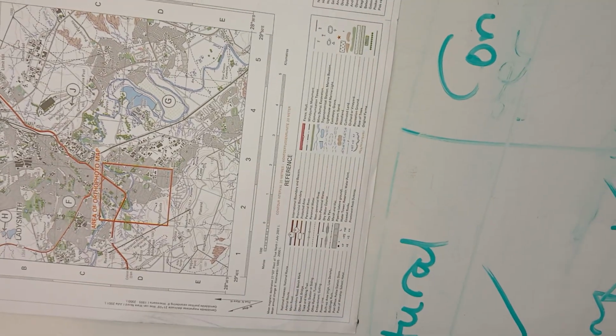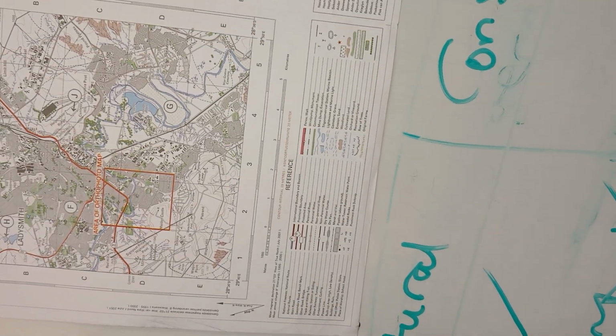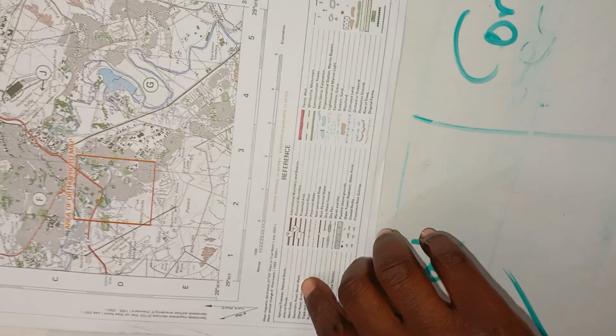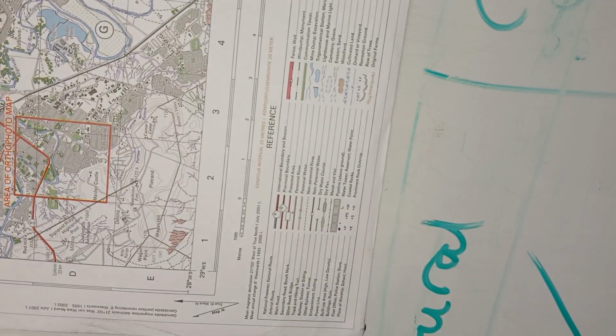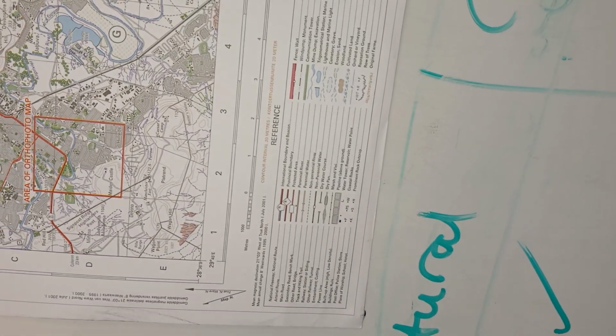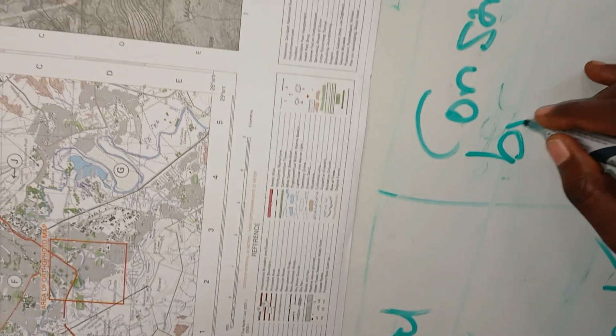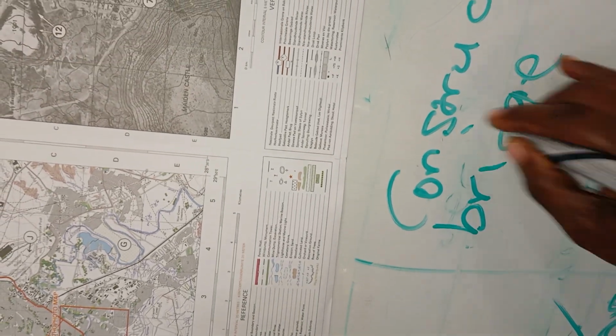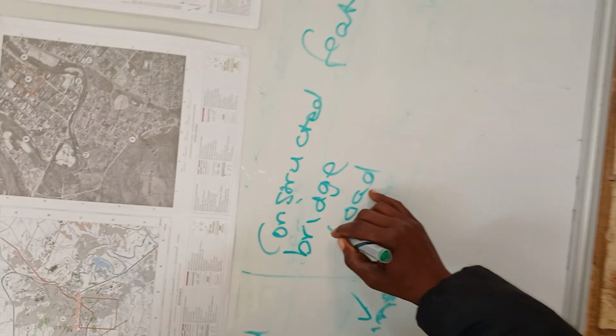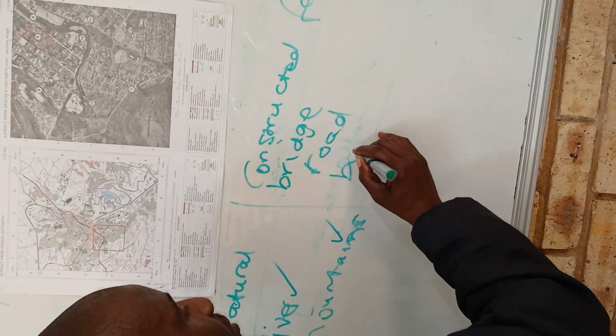Roads, of course, are constructed, they are man-made features, we construct roads. You can see we have got secondary roads, we have got bridges, and these things are constructed or man-made features. So I can talk about a bridge here. I can talk about a road here. I can talk about the buildings.